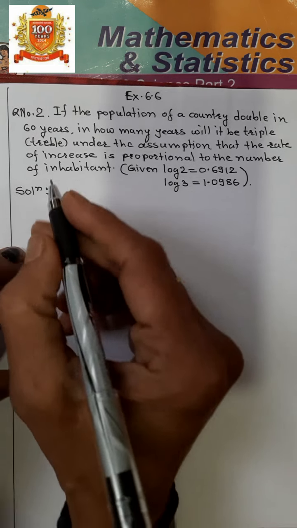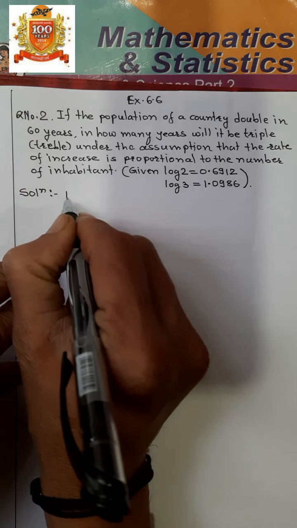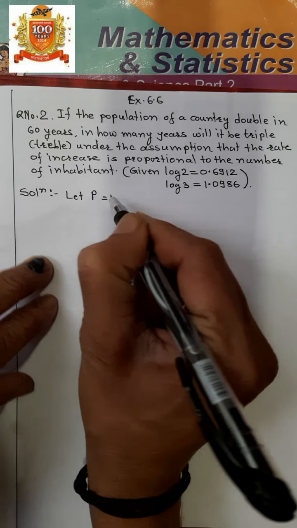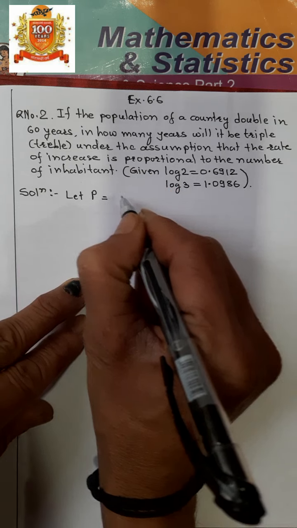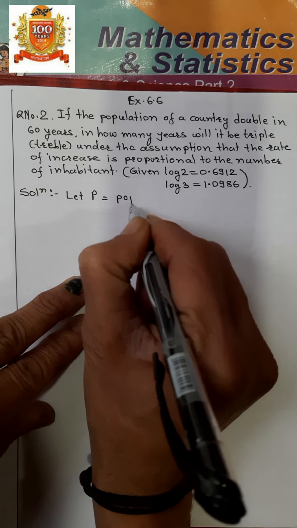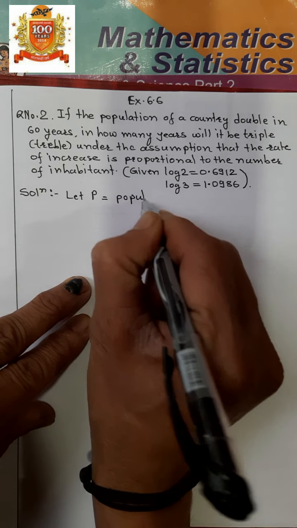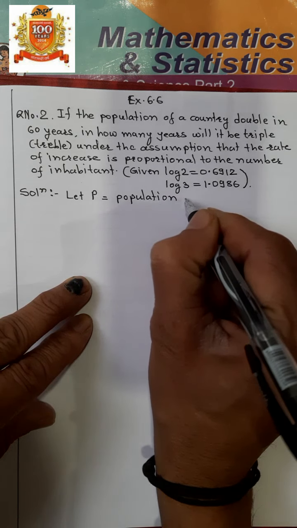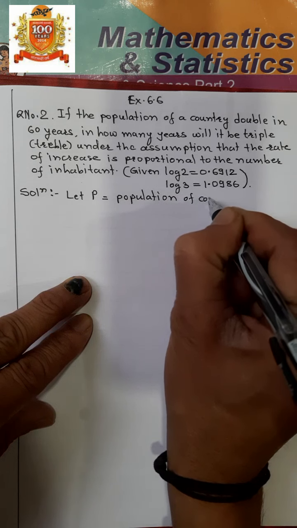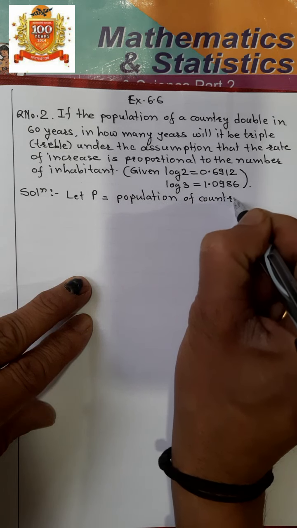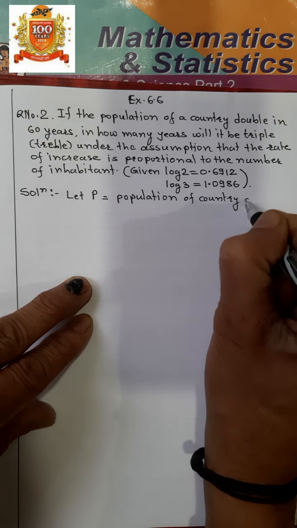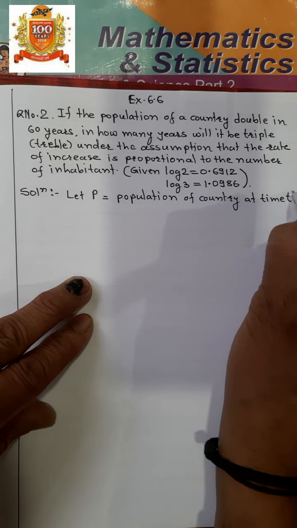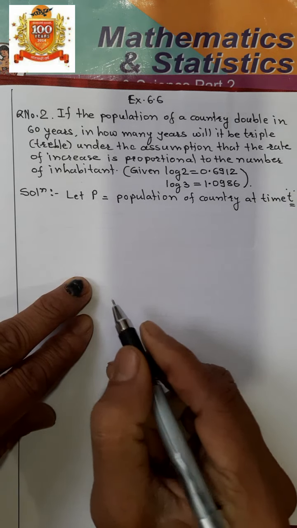Let P be equal to the population of the country at time t.